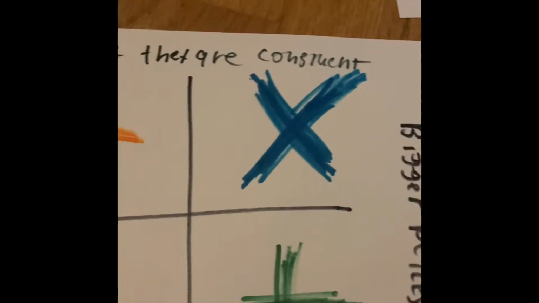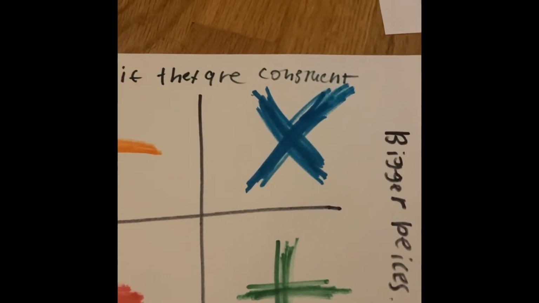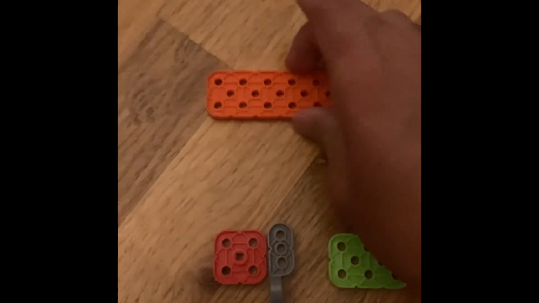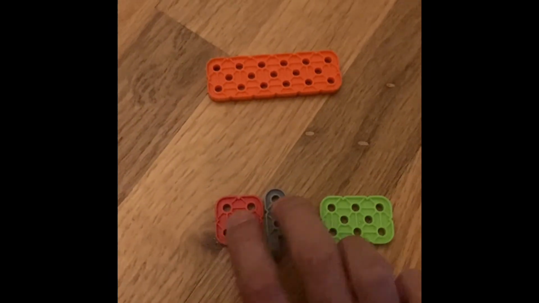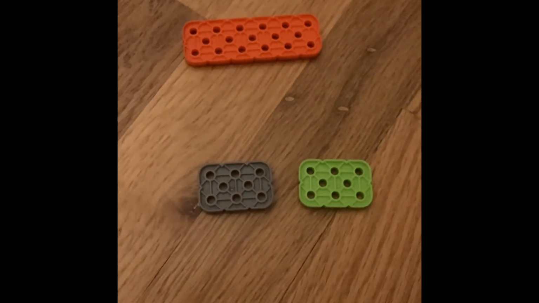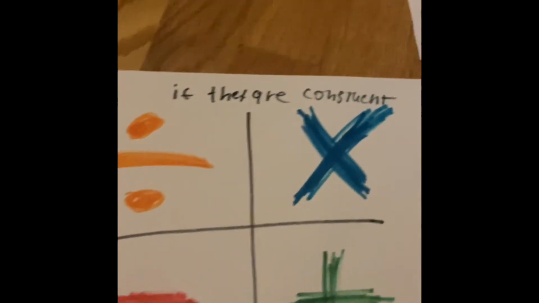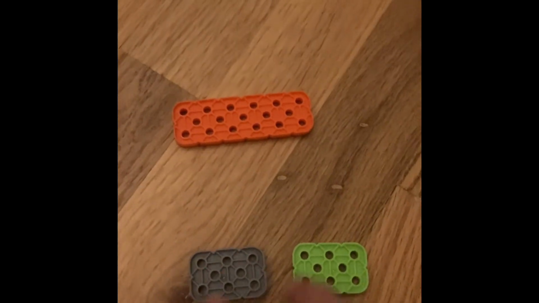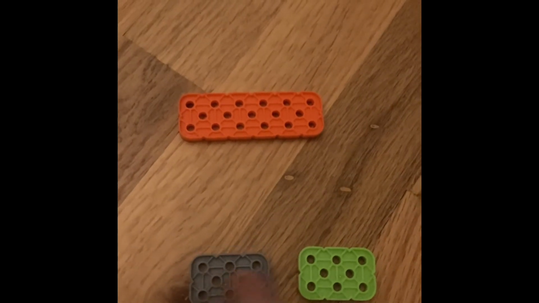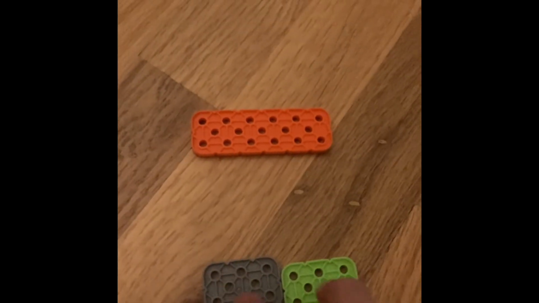Next, we are going to look at the multiplication property. In this case, we're trying to find the bigger piece again. So we'll bring back this orange piece, but take these 2 out, because when you're using multiplication, the pieces have to be congruent. So we can say orange is congruent with gray and green added together.